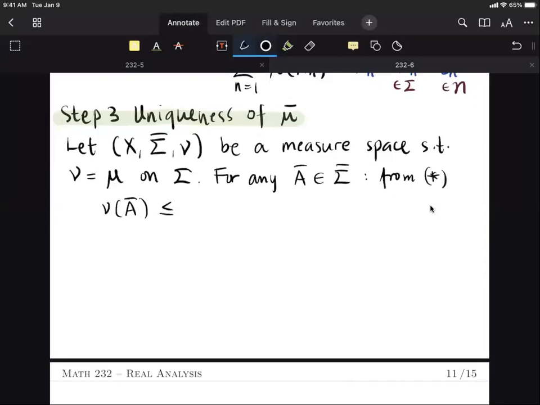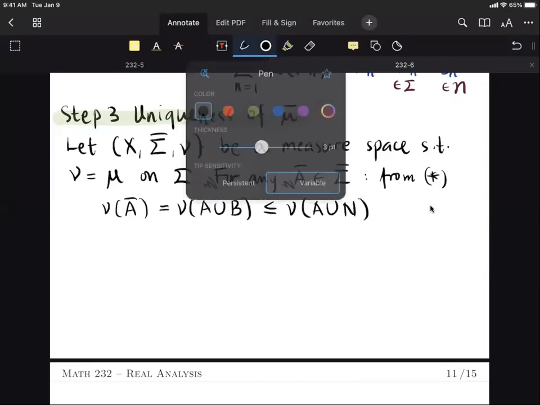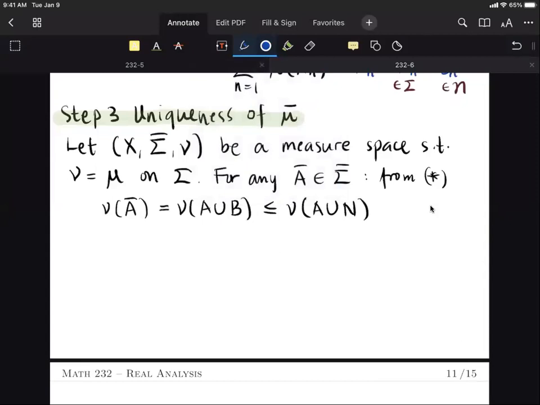So this is equal to nu of A union B. A is in sigma, B is a subset of a null set. Monotonicity of a measure implies this one. Now, take note that this is an element of sigma.